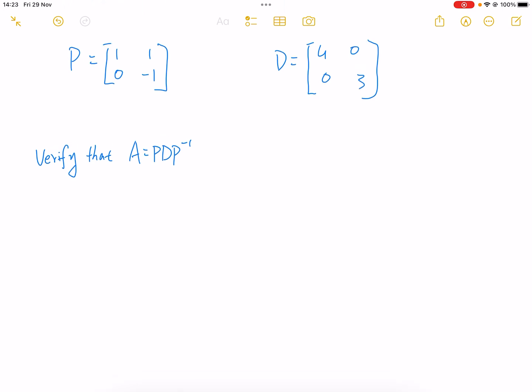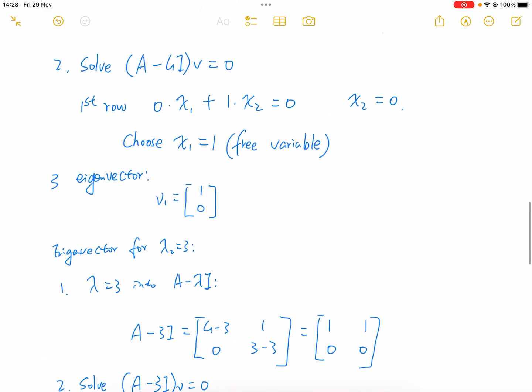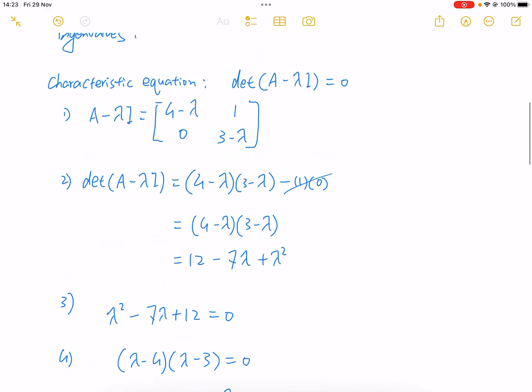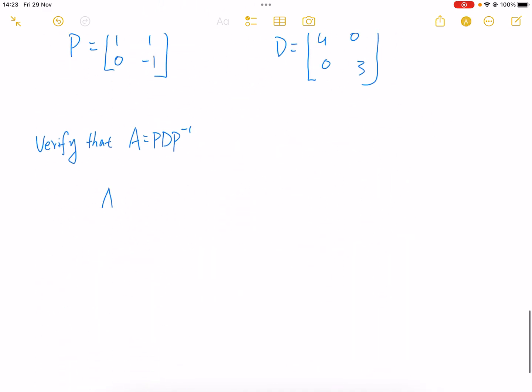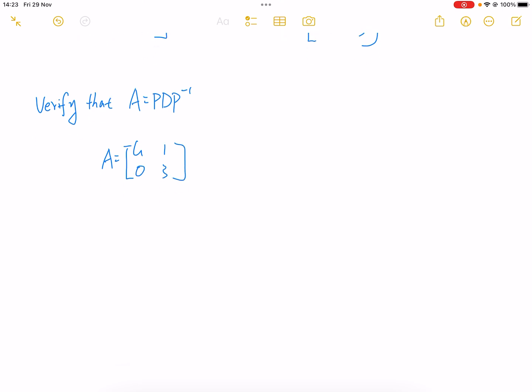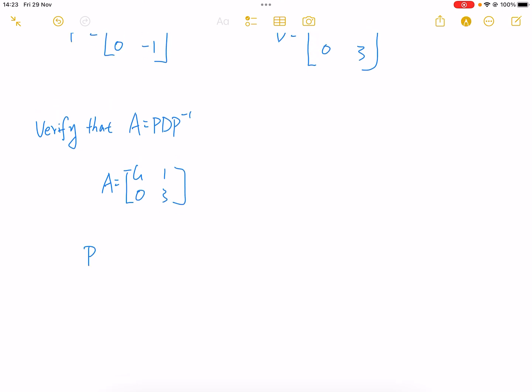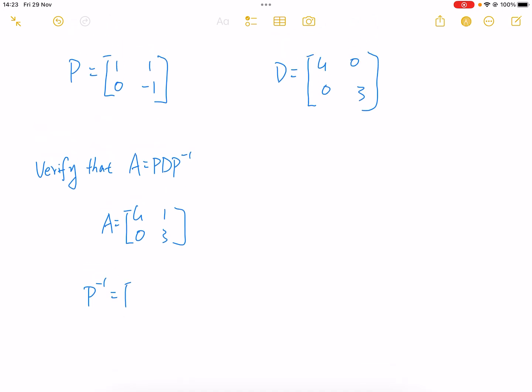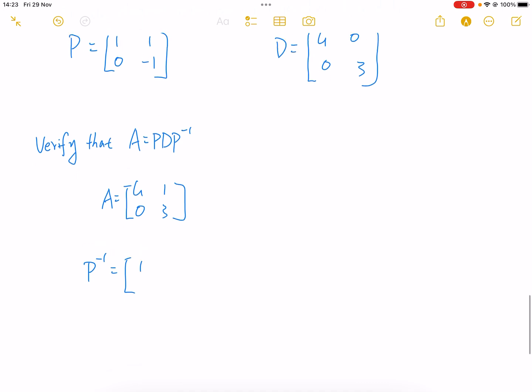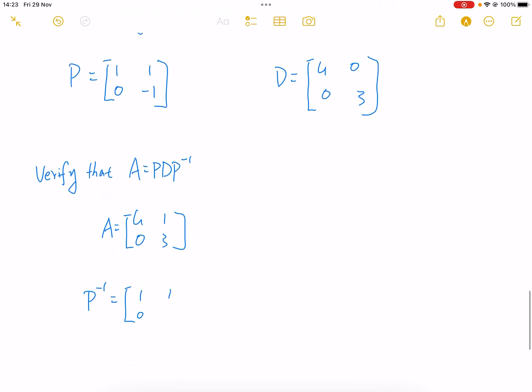So we have the matrix A, which is 4, 1, 0, 3, and we need the inverse of P, where P equals 1, 1, 0, negative 1.